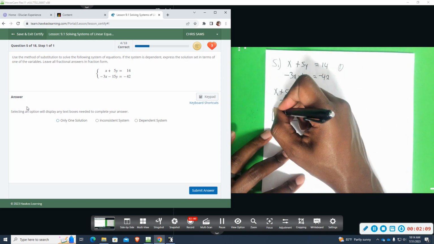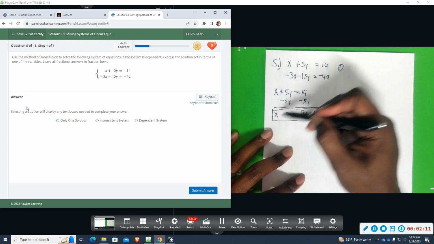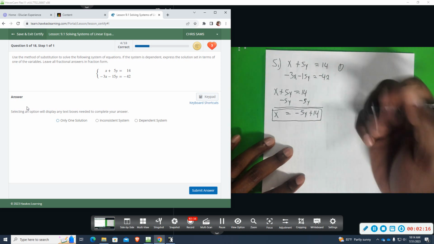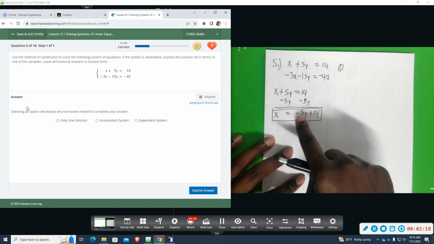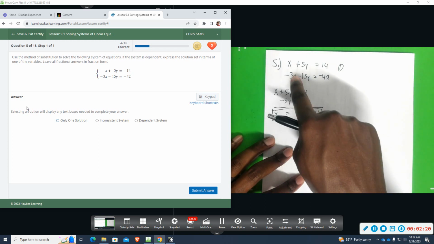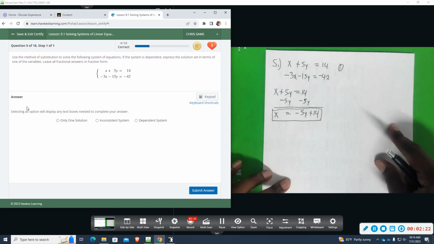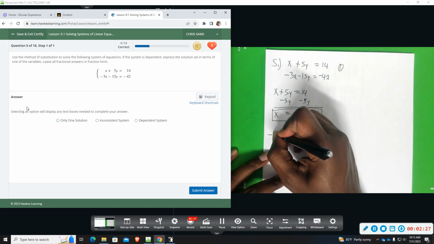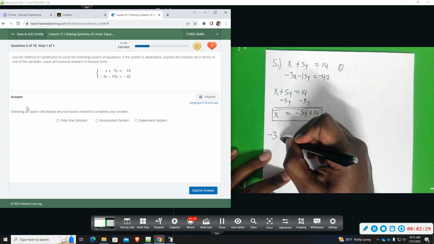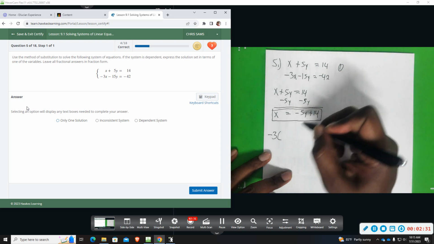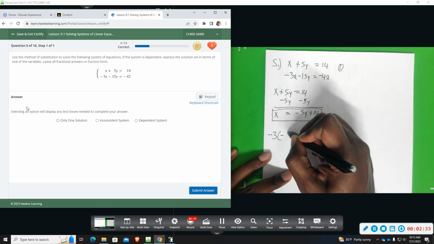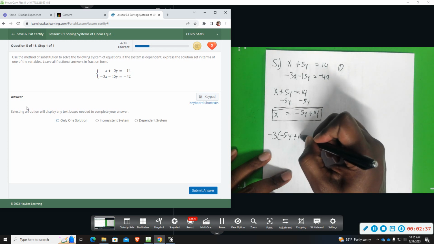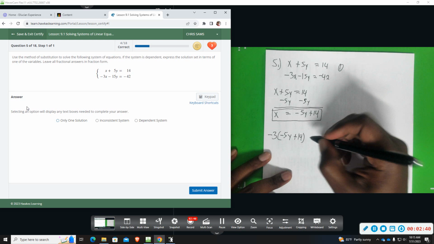I'm going to replace x in the second equation with this whole expression because x is equal to negative 5y plus 14. So right here I'm going to plug in negative 5y plus 14. I'm going to bring that down. Negative 3, and instead of x, I'm going to substitute negative 5y plus 14, and then finish the rest of the equation.